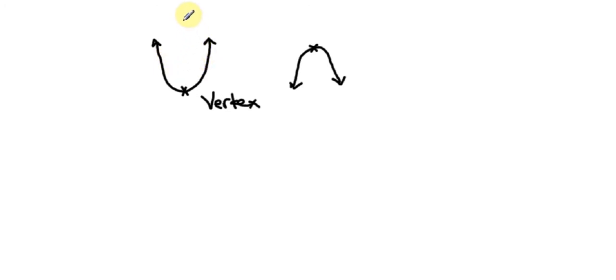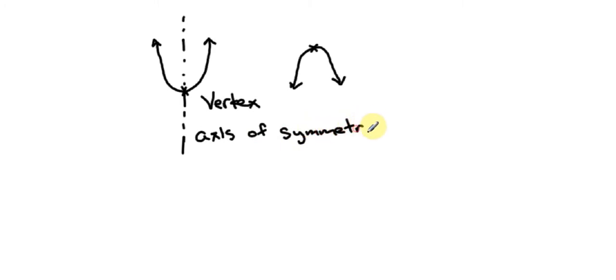And so if we put a line down through here, okay, that is our axis of symmetry. And it's kind of like a mirror. It kind of causes the graph to have two equal halves that are symmetrical. So axis of symmetry. So those are kind of the key ingredients of the graph.